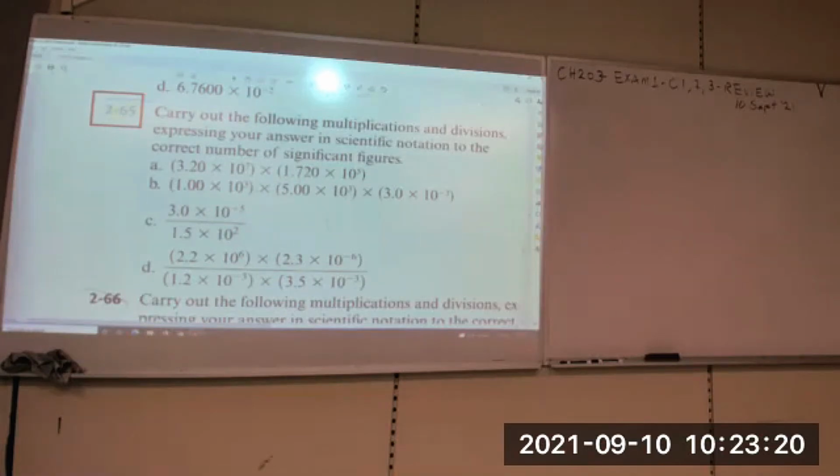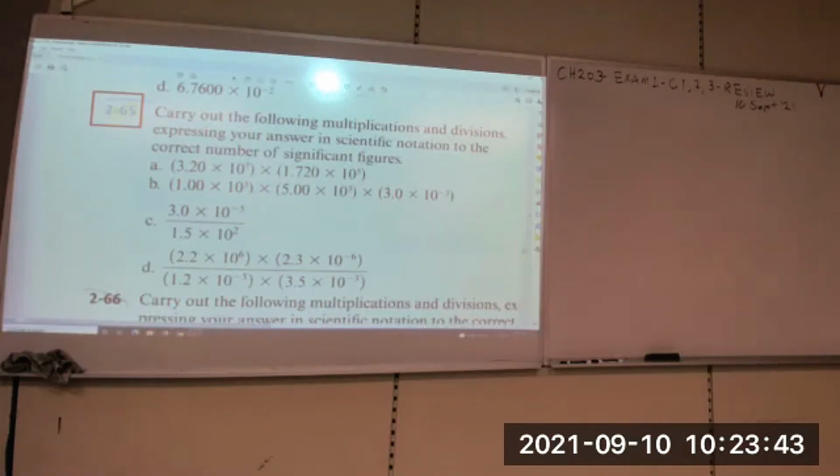Right, is everybody familiar, able to do scientific notation in your calculator, put numbers in? Okay. So how many can you keep with this one? There's 3 there, and there's 4 there, so you can only keep 3 in the answer. That's 3, 3, 2. You can only keep 2 here.